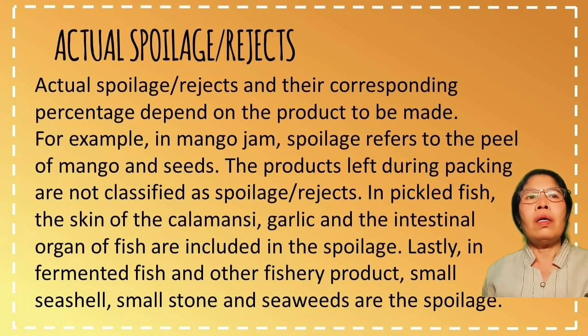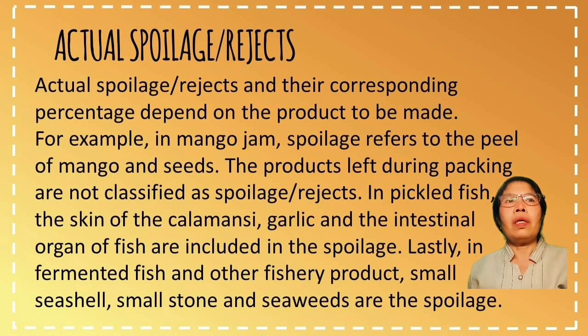Tulad halimbawa, pag bumili tayo ng mga ingredients tulad ng sibuyas, ng bawang, luya, or even calamansi, pagka ito ay kinamit, yung mga balat nito, yun yung tinatawag nating spoilage or rejects na nakababawas sa timbang ng ating finished product. Ganon din yung mga intestinal organ ng isda. Isa rin ito sa nakakabawas sa timbang.